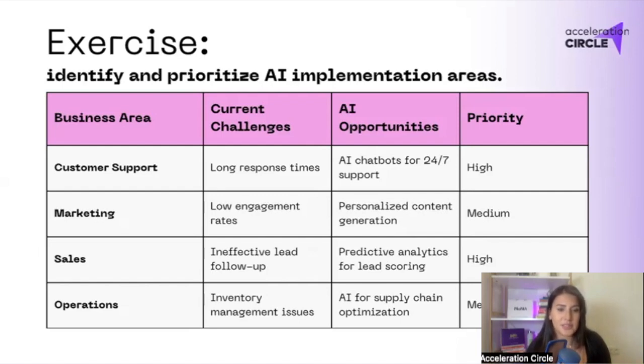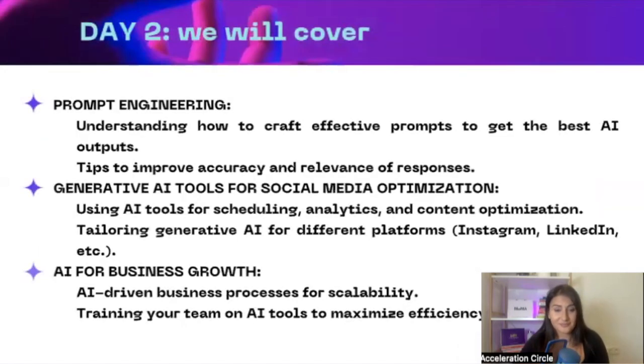Or again, like sales, ineffective lead follow up. So, for example, a lot of people enter your website, you offer the product, but no one buys. What should you do? You should do predictive analytics for lead scoring. So you can do analytics of your website, and then you can understand where is the gap and how to close this gap.